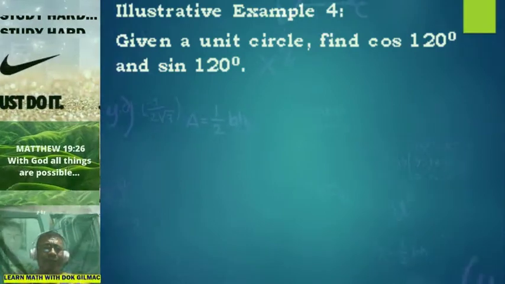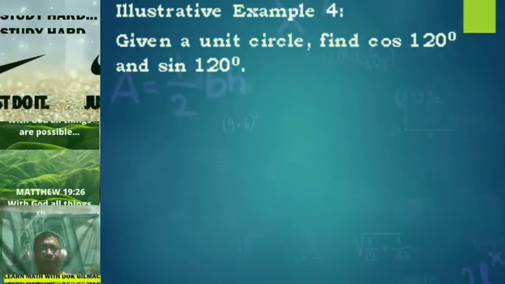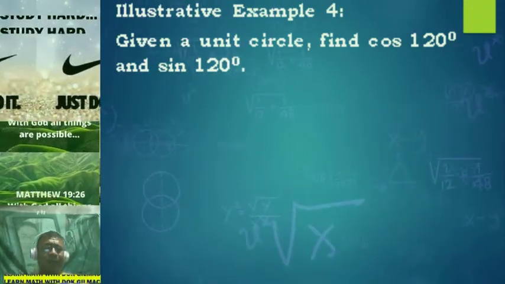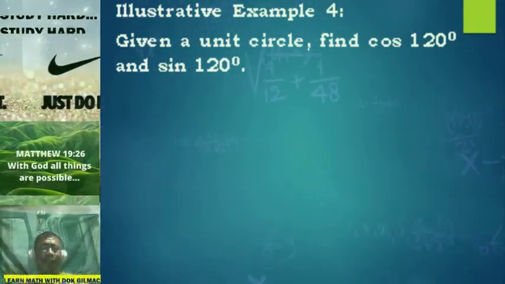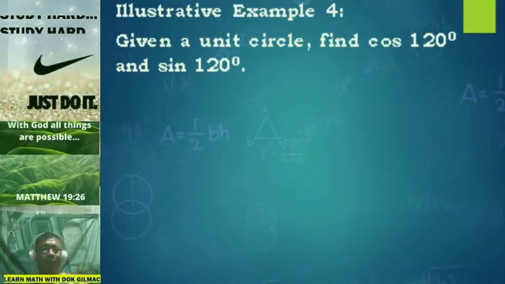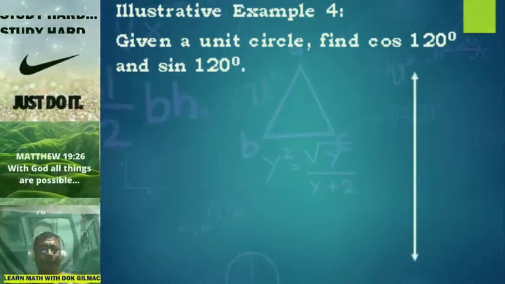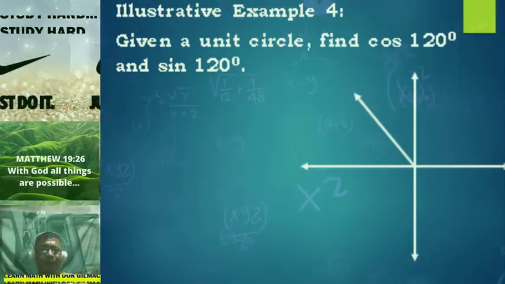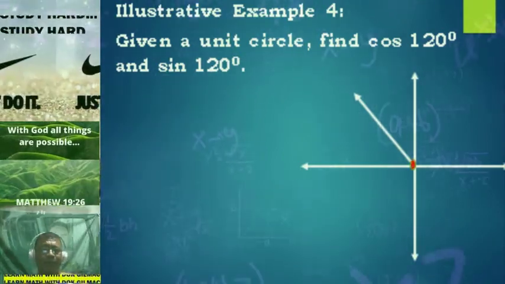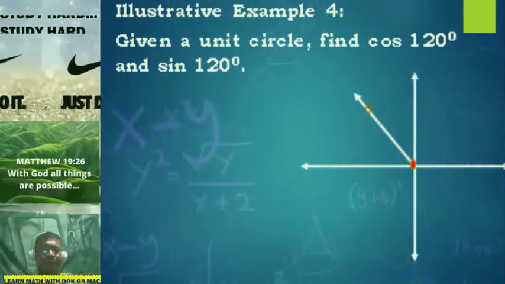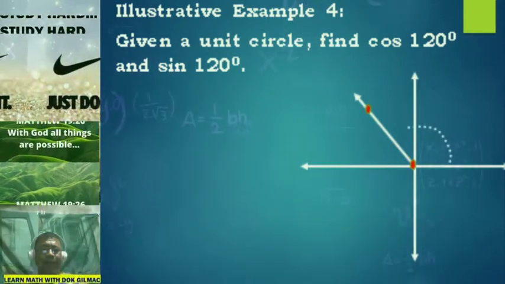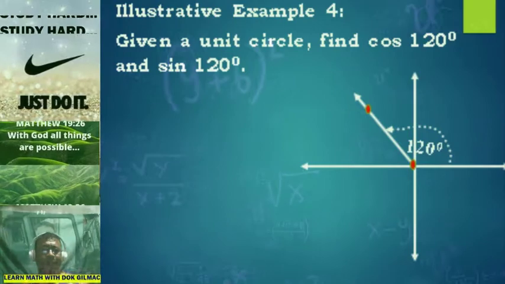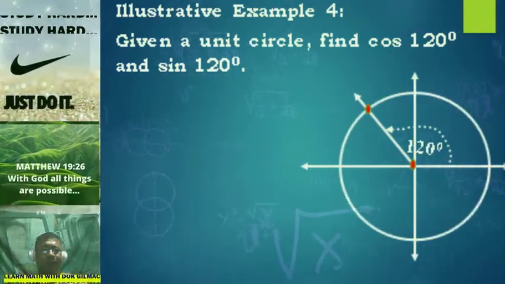Consider illustrative example number 4. Given a unit circle, find cosine 120 degrees and sine 120 degrees. From here, we have the x and y axis, and given angle theta, which is 120 degrees, a unit circle.